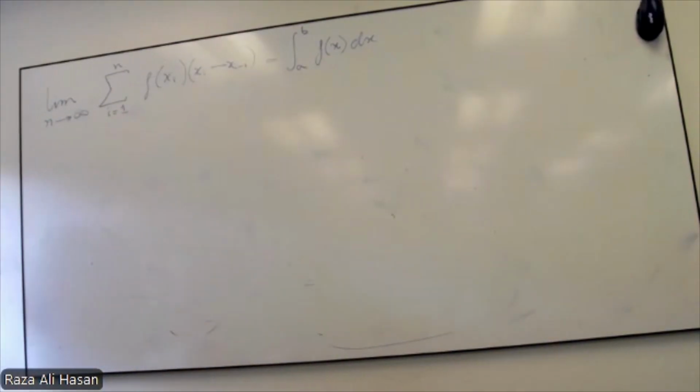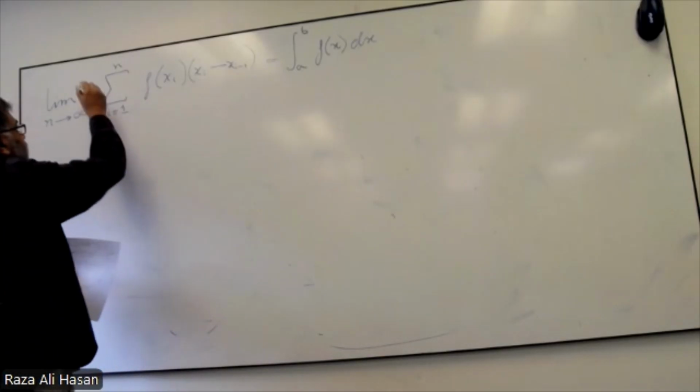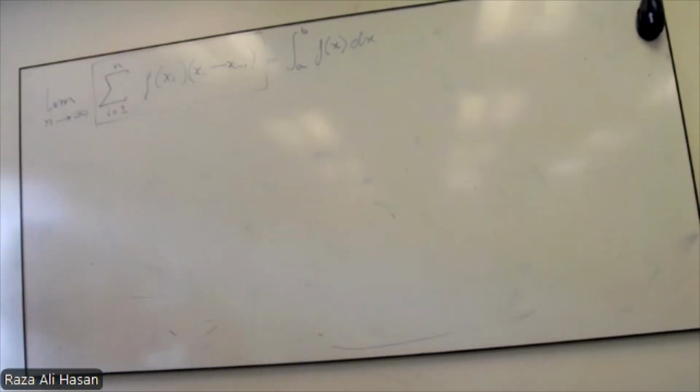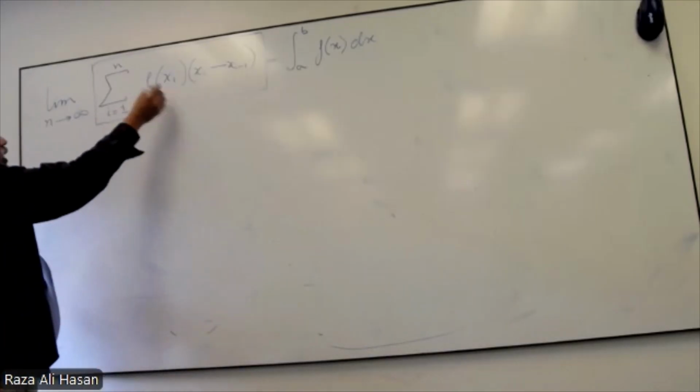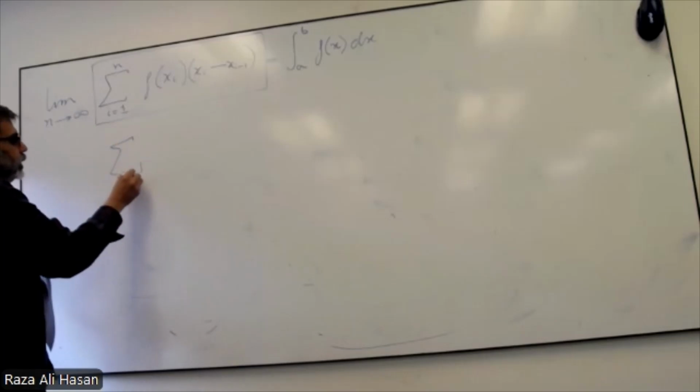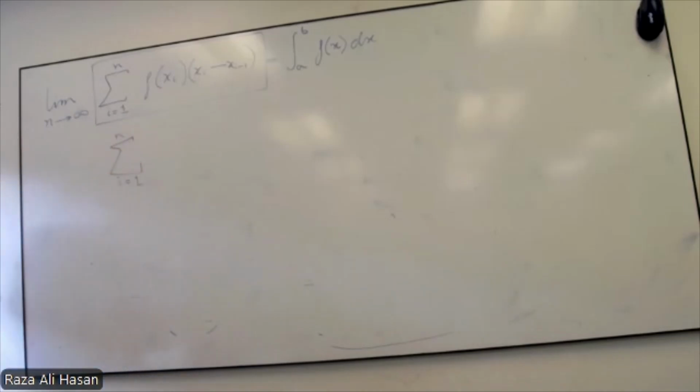Okay, if you have this situation, what's another way to write this bit here, which indicates more that we have a partition? So I'm going to write that down now. So another way to write this is to say and indicate a tagged partition.